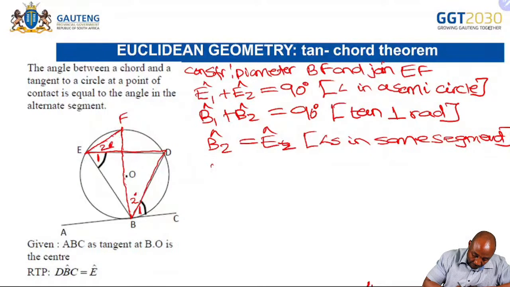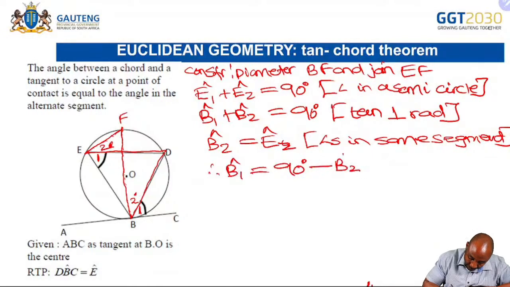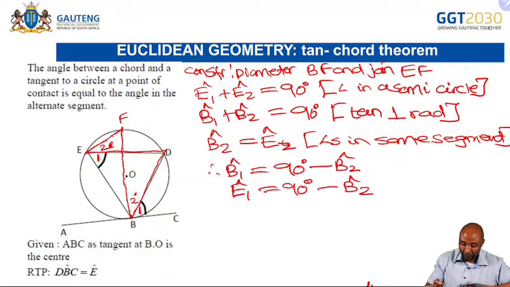So I can therefore say my angle B1, I can write it as 90 degrees minus B2. I can also write my angle E1 as 90 degrees minus B2, because I have said my E2 is equal to B2. So where there is E2, I can write B2.